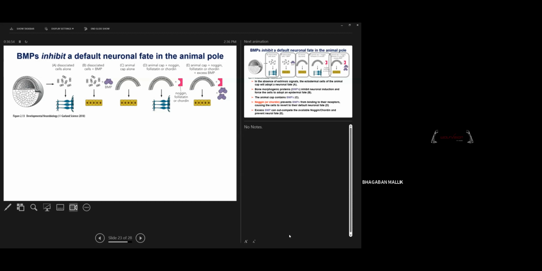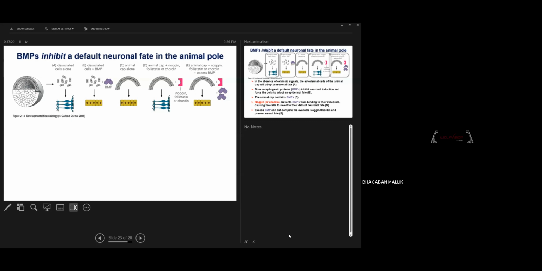As I mentioned earlier, noggin, chordin and follistatin are inducers of nervous tissue, but there are also some signals which inhibit its formation, because in the body you always have homeostasis. There should be a balance. So BMP, the bone morphogenetic protein, is considered an inhibitor of the formation of nervous tissue.